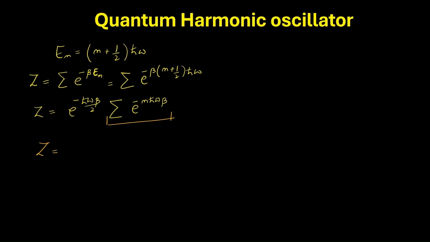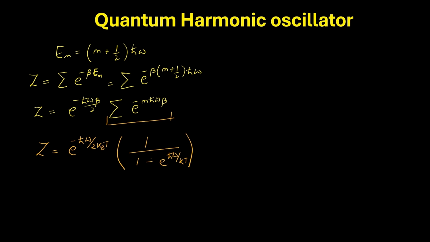It will be Z is equal to e to the power minus h bar omega by 2, and I can substitute k_B T here, so it will be 2 Boltzmann constant into T. And this will be divided by 1 minus e to the power minus h bar omega by k T. So this is the partition function.